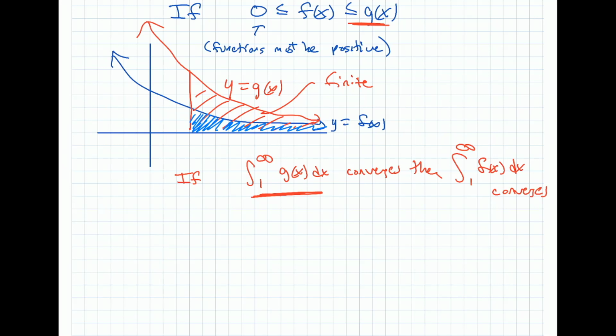So it can't be infinity, right? The blue curve can't be infinity if the red curve is finite, because the blue curve is smaller. And so that's the idea, and it's just written down here.